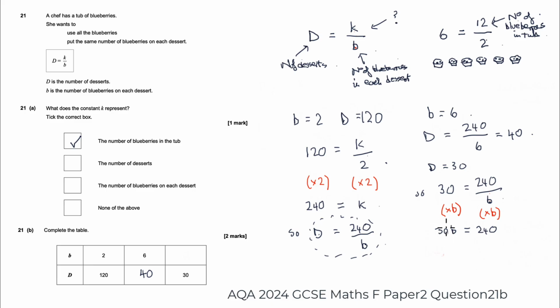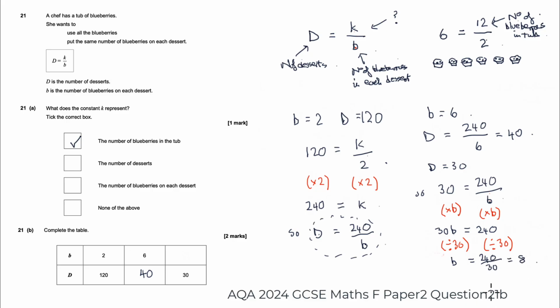Let's get rid of this times by dividing by 30. So if I divide both sides of this equation by 30, we should end up with b on its own, 240 divided by 30. And again, your calculator will help you here.